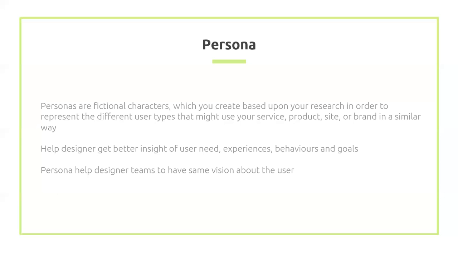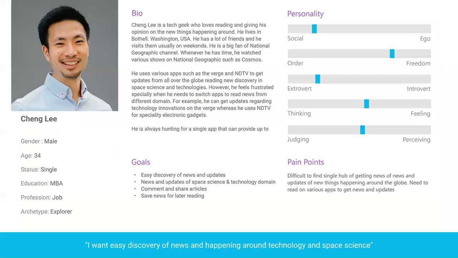All right. So we need to know or create a persona for our target participant so that everyone understands that this device is targeting these particular people. Now, this is an example of a persona.